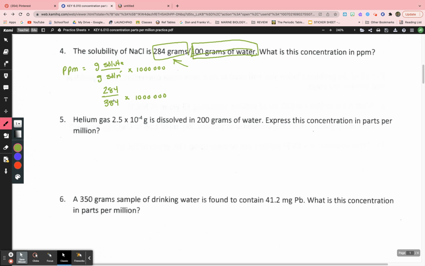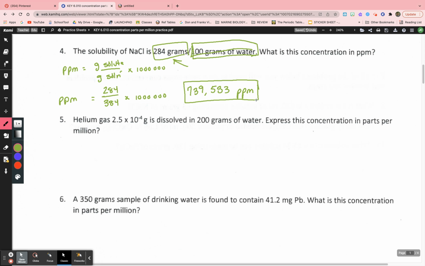So the solution is always equal to your solute plus your solvent. So that's going to equal my parts per million. It's going to be a big number. Okay, so 284 divided by 384 times a million. And we end up with 739,583. And then there's 0.333 at the end, but I'm going to leave that off.